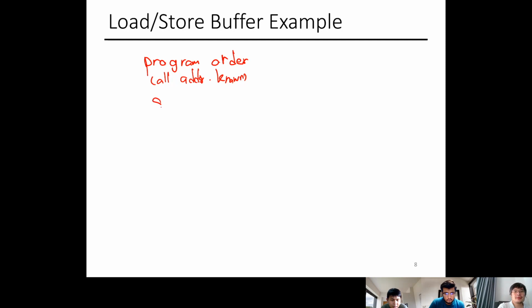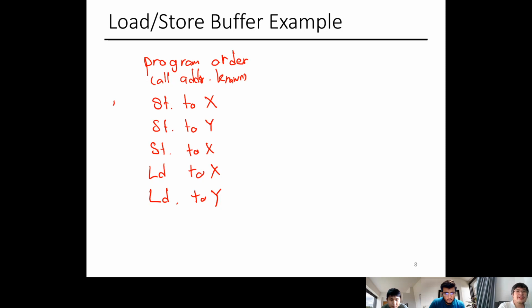Let's say you have a store to address X, store to Y, and then store again to X. And then you have a load to X, and then a load to Y. All right, so I will call these instruction 1, instruction 2, instruction 3, instruction 4, instruction 5. So this is the program order. Basically, if you open the assembly code, this is where you see store to X, store to Y, store to X, load to X, load to Y. That's in the order of the program.